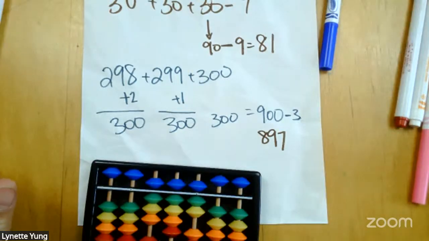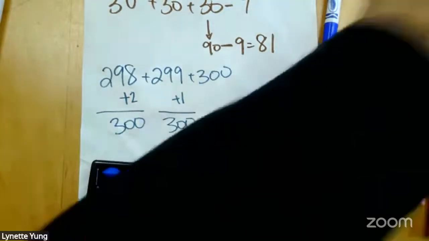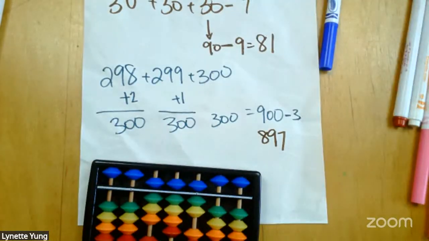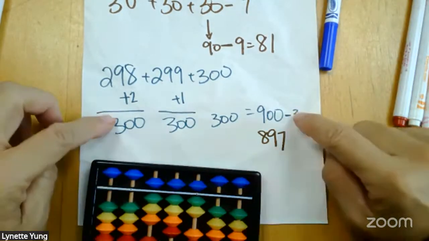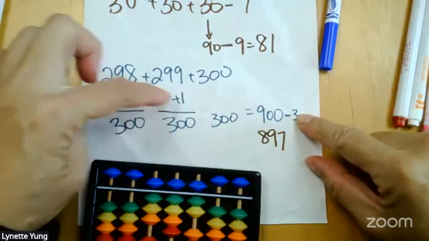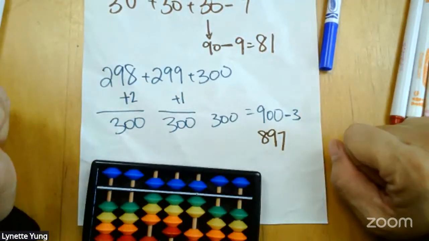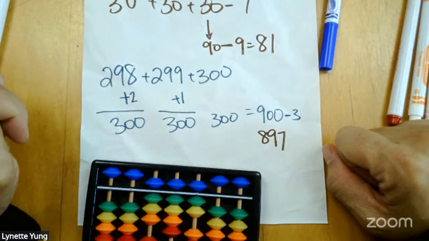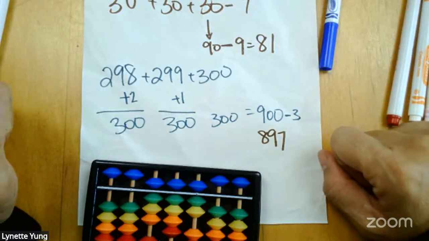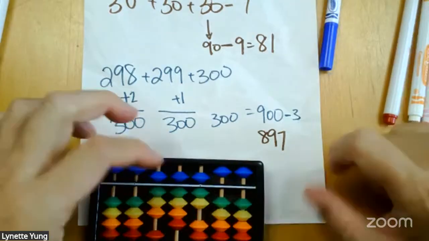Then minus 3, because you have to remember that you added 3 here. So minus the 3 is minus the 10 plus the 7.